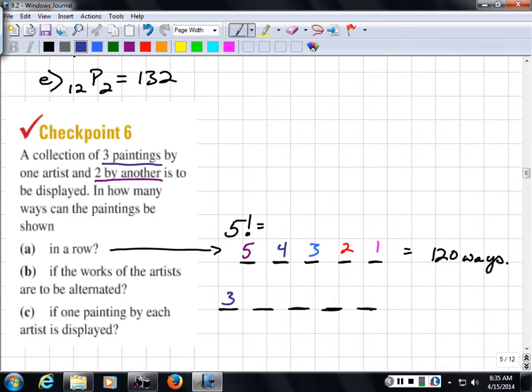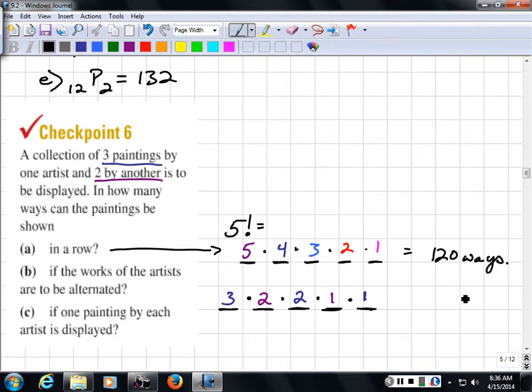Then I'm going to put one of the 2 paintings by the second artist right there. Now I'm going to go back to the first artist, but how many paintings do I actually have to choose from? I only have 2 to choose from, right? So then I go back to the second artist. And now I realize, hey, I only have 1 painting to choose from for that artist. And then, finally, I put the remaining painting by the first artist down, and I'm going to multiply these together.